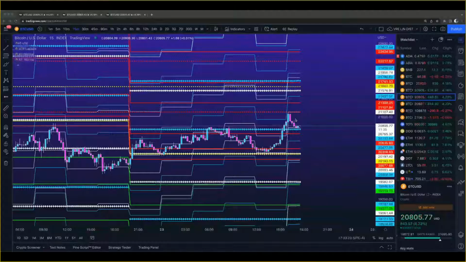Which are the indicators for maximizing returns? Well, that's what I use these distribution levels for, to take profit. It depends on what I'm actually doing.